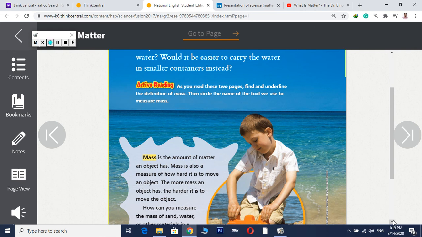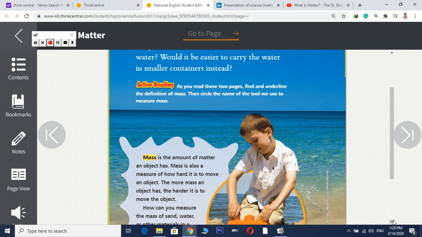If you carry a bucket full of water, is it easy or hard to carry? I think it will be a little bit hard because it has mass inside it. The water inside the bucket has mass. So as you are reading these two pages, find and underline the definition of mass. Then circle the name of the tool we use to measure it. So the definition of mass and the measurement tool.